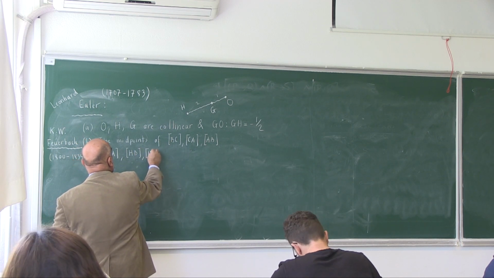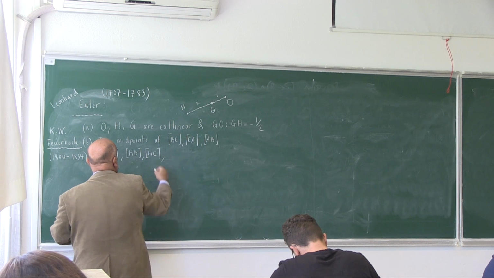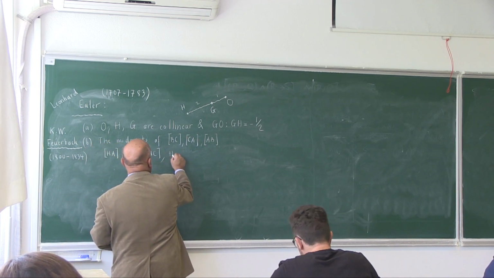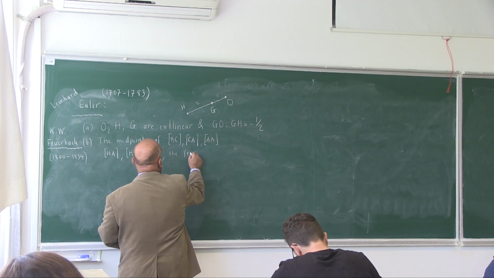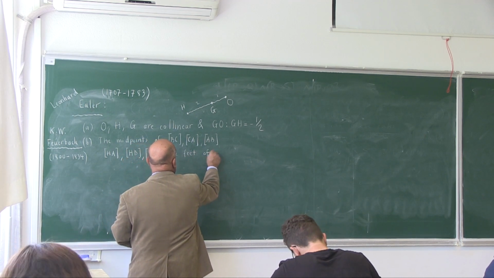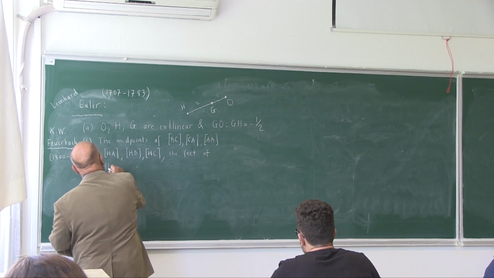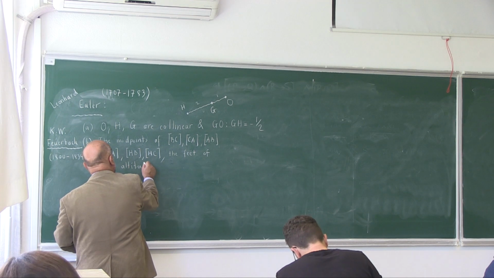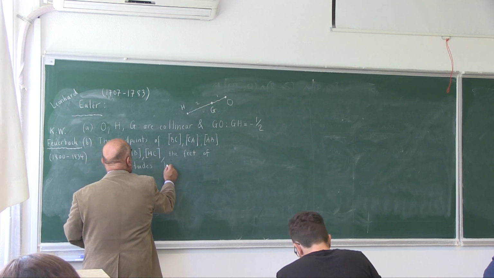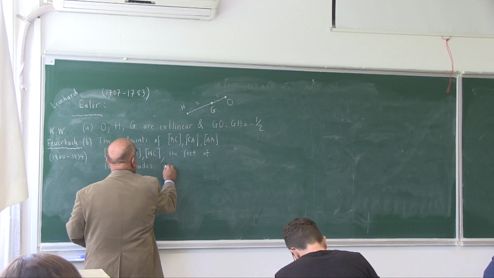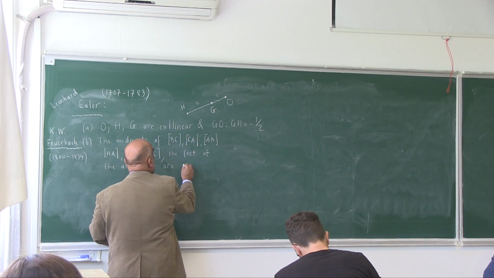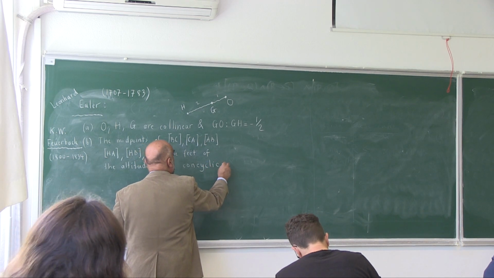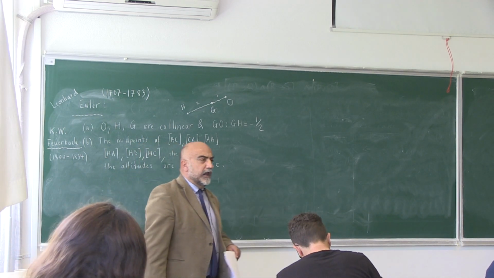Well, already I got a considerable list. And the feet of the altitudes, these 9 points lie on a circle. That's to say, there is a unique circle containing all these points.